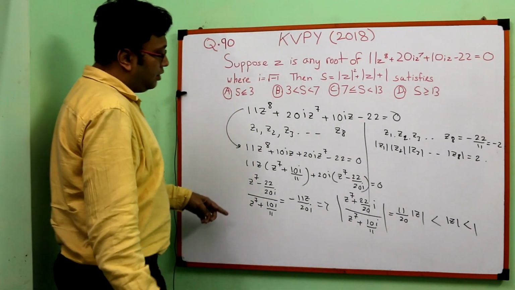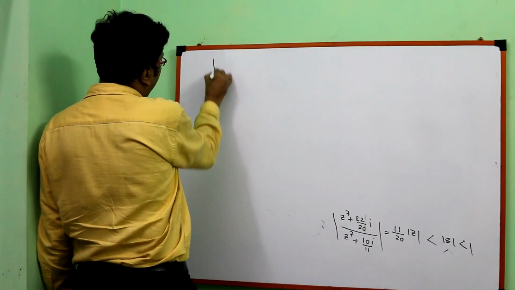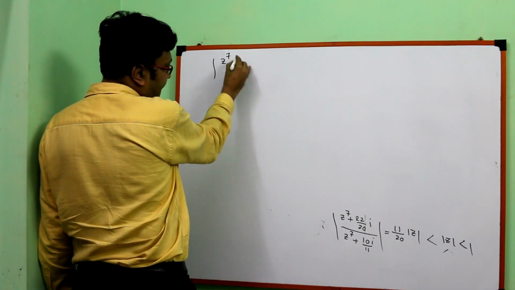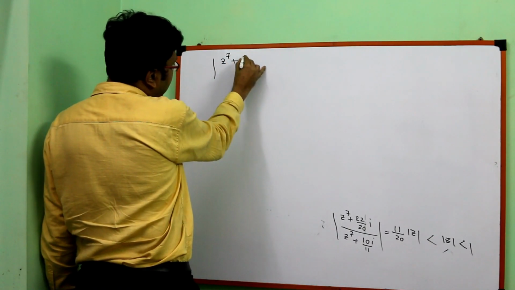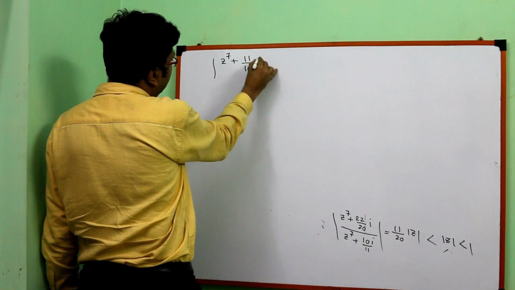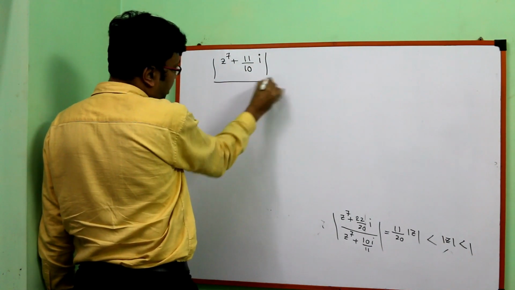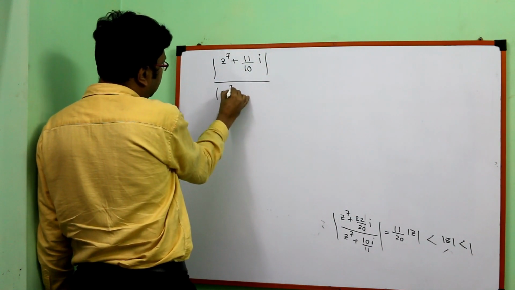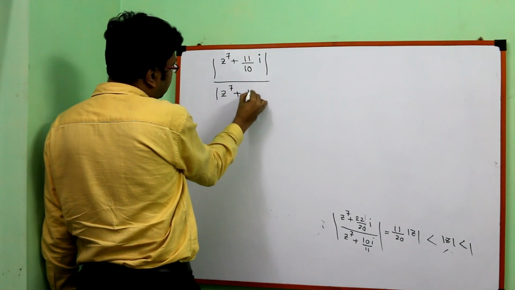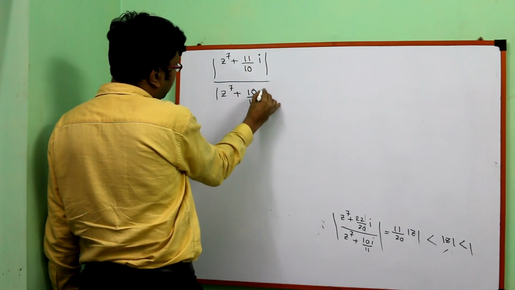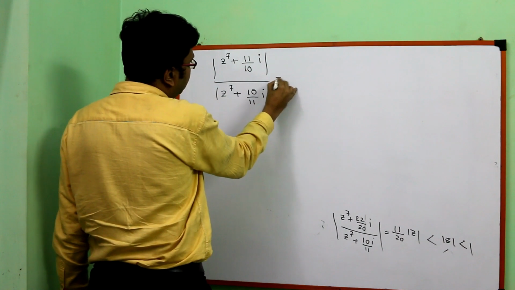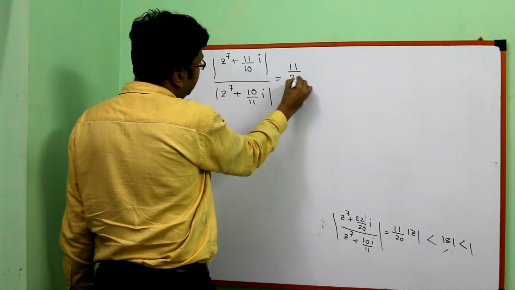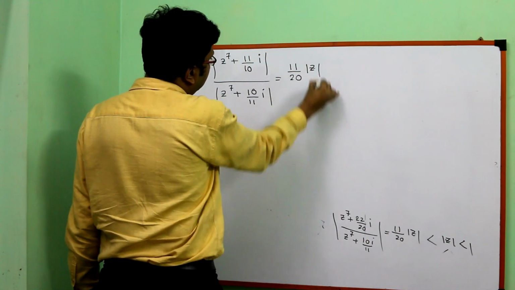So, the final condition becomes mod z to the power 7 plus 11 by 10i, whole by mod z to the power 7 plus 10 by 11i, equal to 11 by 20 mod z.